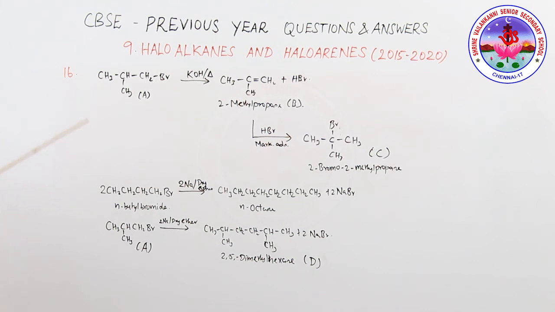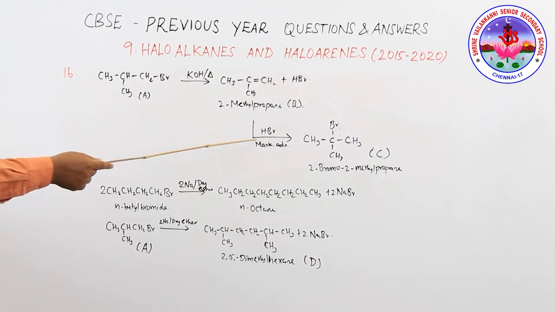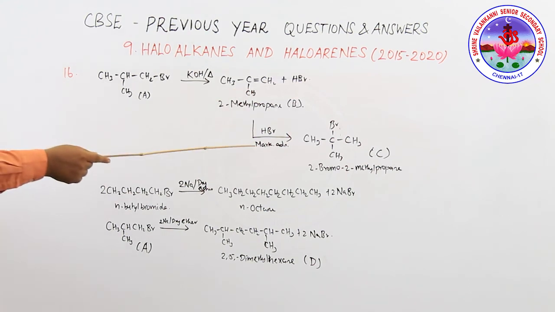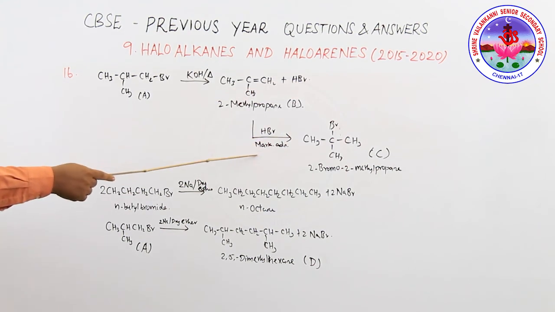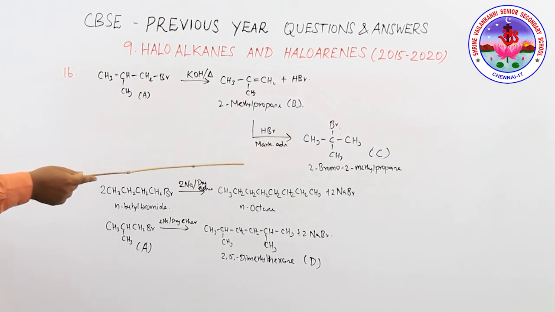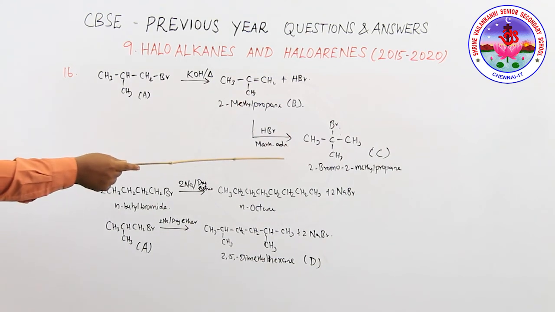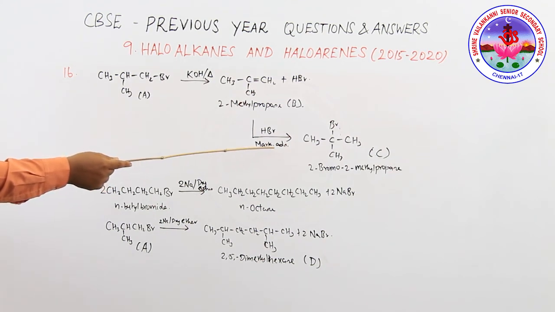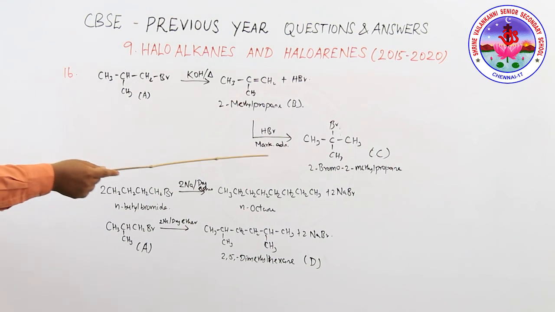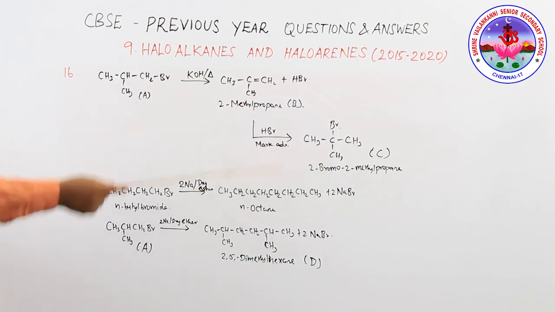Compound B reacts with hydrogen bromide, by Markovnikov addition, to give compound C, which is an isomer of A. Hence compound C is 2-bromo-2-methylpropane. So this is the answer.